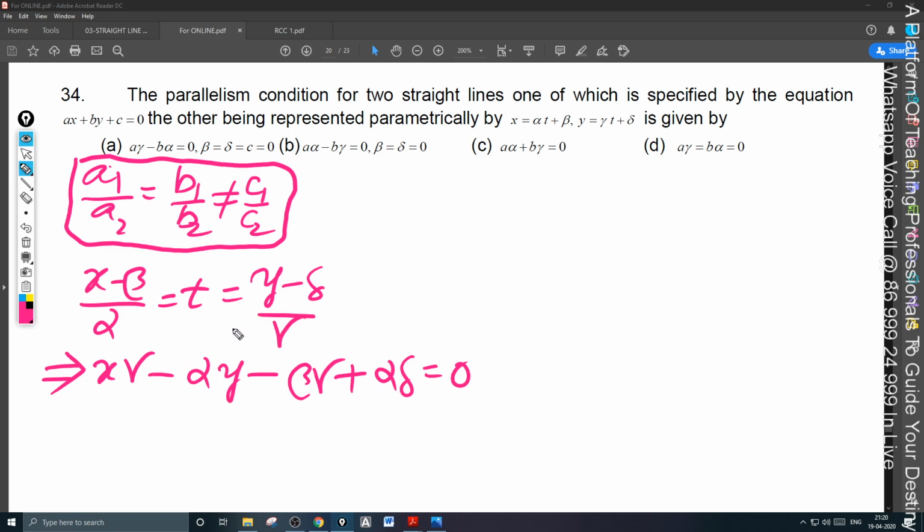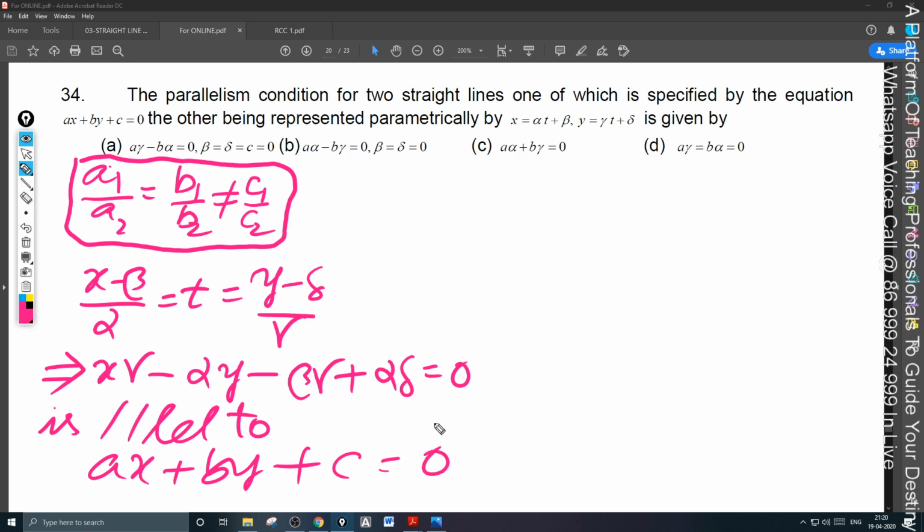Gamma x minus beta gamma minus alpha y plus alpha delta equal to 0 is parallel to which line please? ax plus by plus c equal to 0. Now you can get the condition by applying the condition I wrote there.